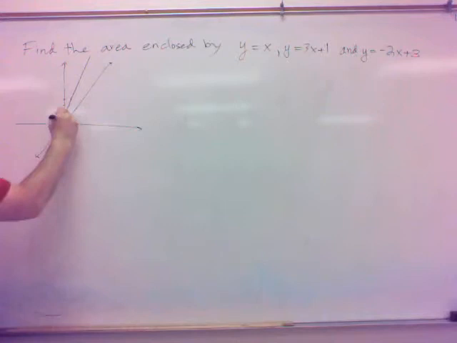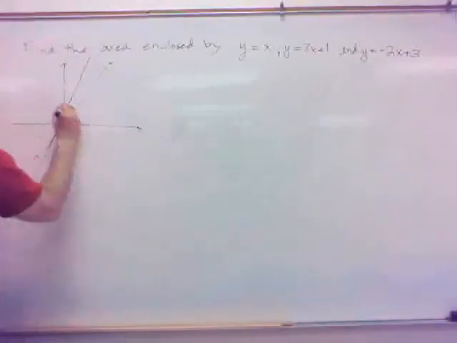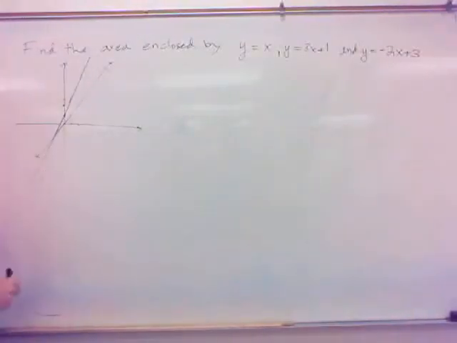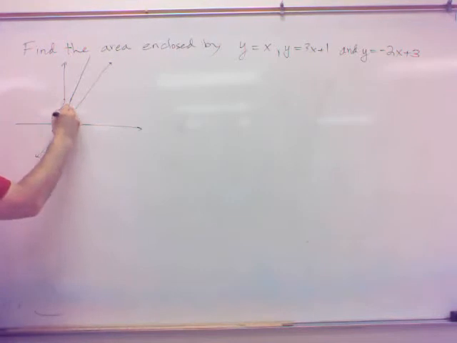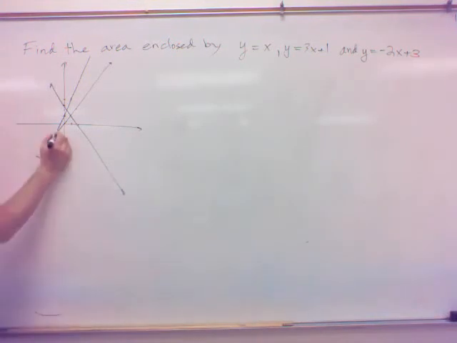And then we have minus 2x plus 3. So the y-intercept here is 3, and it goes down 2, run 1. So we got ourselves a little triangle there, don't we? Right in here.